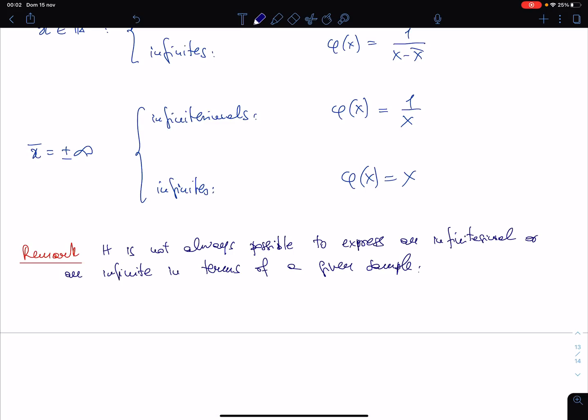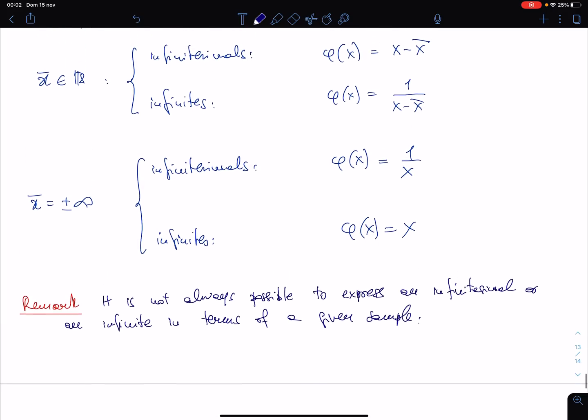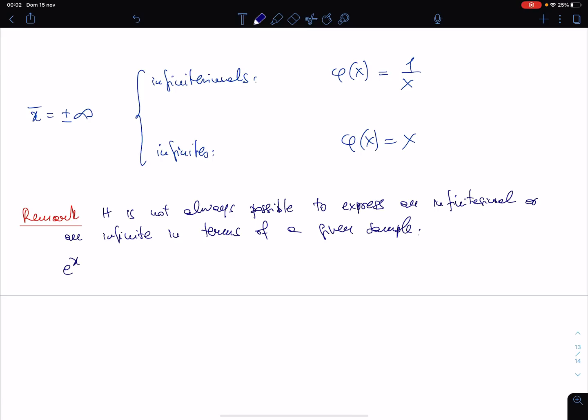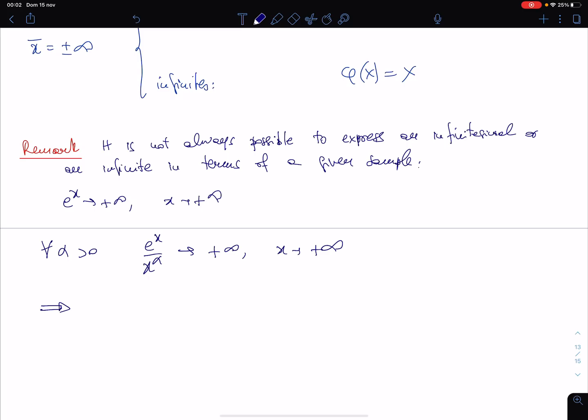For instance, if you have e to the x that goes to plus infinity, for x going to plus infinity, you have that for every alpha larger than 0, e to the x divided by x to the alpha goes to plus infinity, as x goes to plus infinity. Then e to the x equivalent to L x to the alpha for x going to plus infinity and L different from 0 cannot be verified.